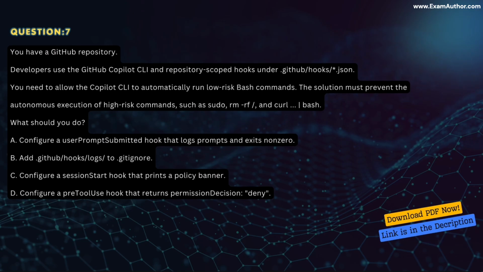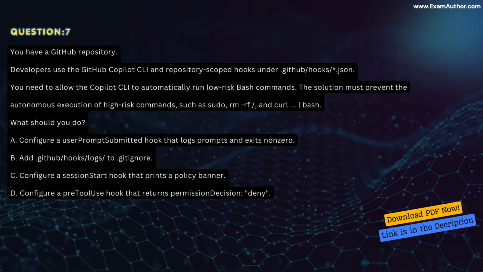Question 7. You have a GitHub repository. Developers use the GitHub Copilot CLI and repository scoped hooks under .github/hooks/*.json. You need to allow the Copilot CLI to automatically run low-risk bash commands. The solution must prevent the autonomous execution of high-risk commands, such as sudo, rm -rf /, and curl | bash. What should you do?